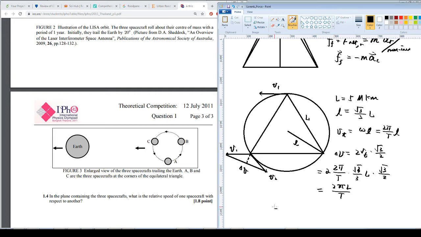Okay, so if we plug in the numbers, 5 times 10 to the 6 over 365 times 86400. How much would that be?